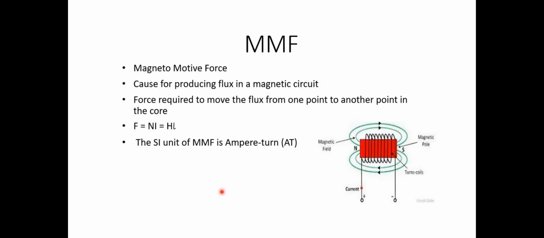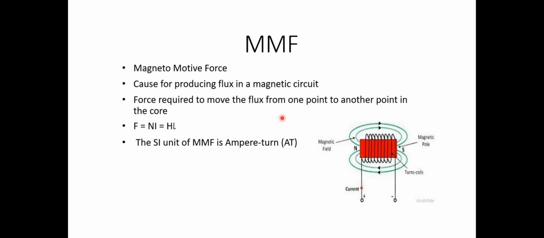Next is MMF. It is similar to EMF in electric circuits. There, EMF causes the moving of charges in the conductor. But here, MMF, that is the magnetomotive force, causes moving of flux from one point to another point in the core.